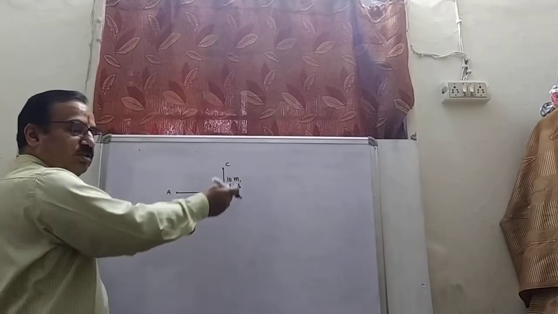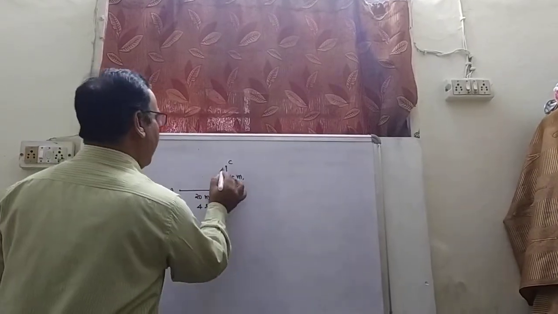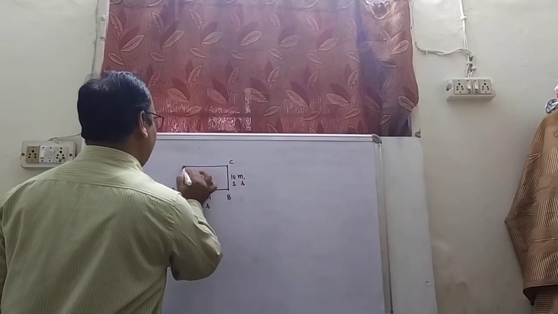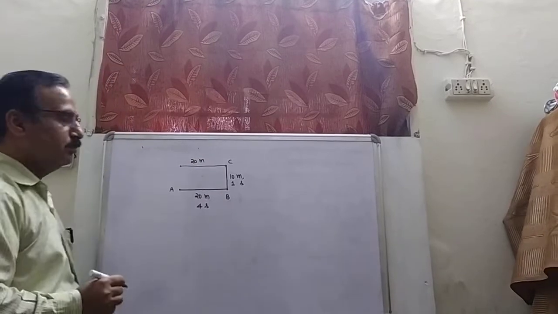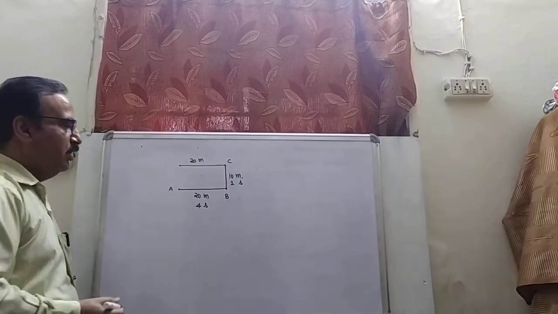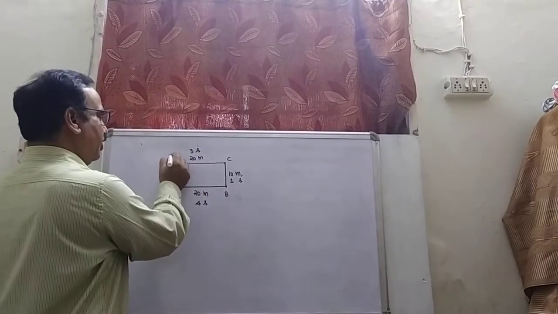It is moving towards north at that time. Now suppose it moves towards west, again a distance of 20 meters, and this time it takes 3 seconds to cover it and reaches a point D.